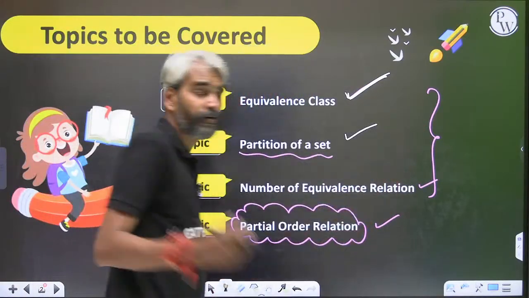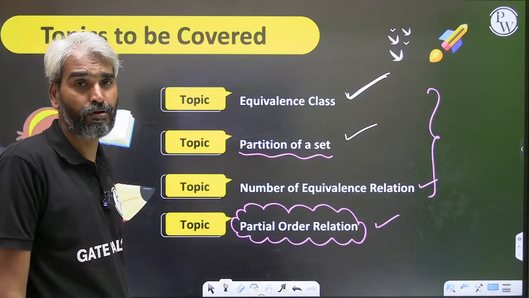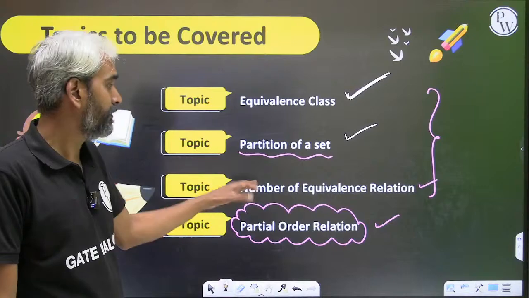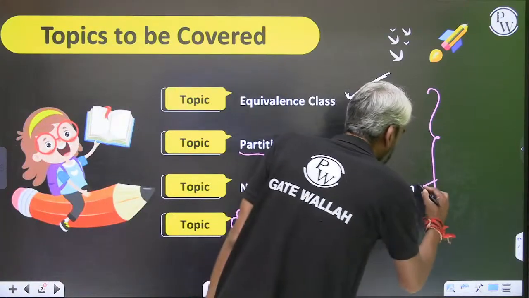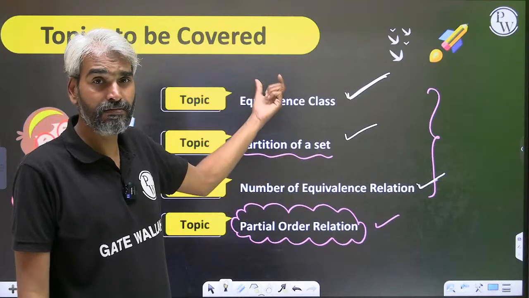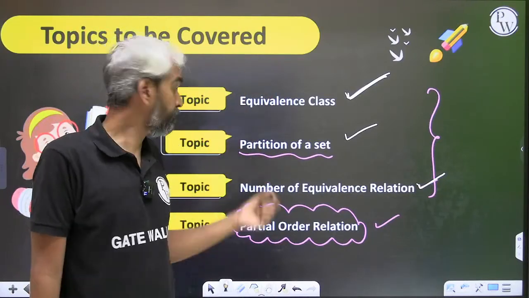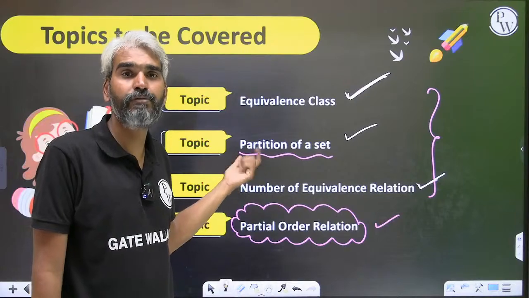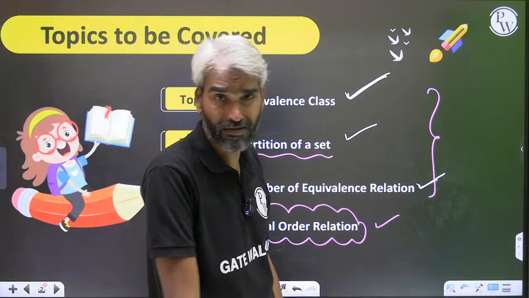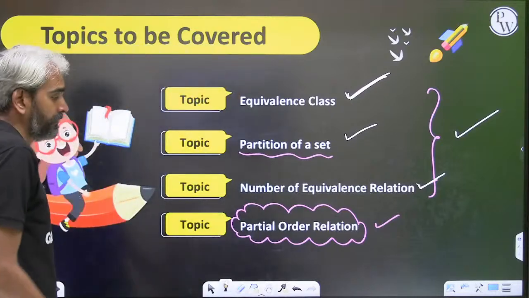Partition of a set we discussed in the last class, and we have also understood the number of partitions on a set A in today's session. And we know that there is a one-to-one correspondence between partitions of a set and equivalence relations on the set. Therefore, the number of partitions on a set A will be exactly the same as the number of equivalence relations. So we are done with the pending task.